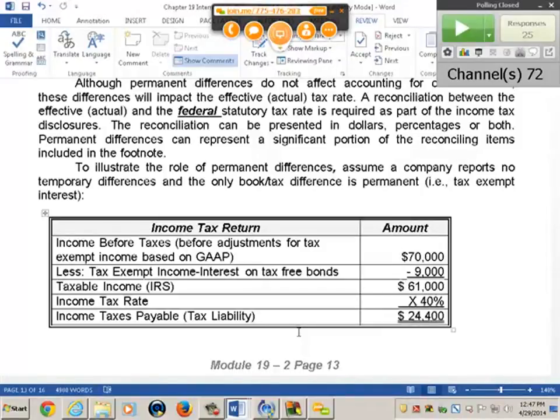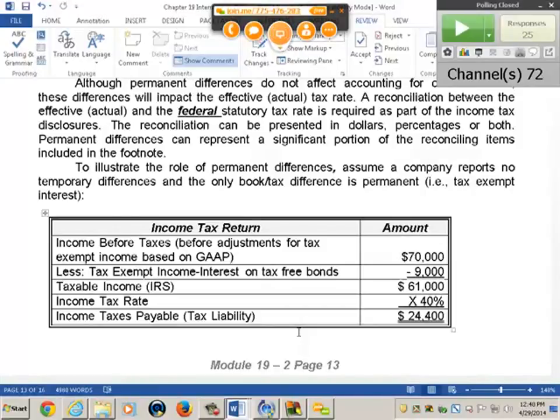In that $70,000, it's on page 13, you've got a $9,000 tax-free interest. So your taxable income is $61,000, and at a 40% tax rate, your tax liability is $24,400.